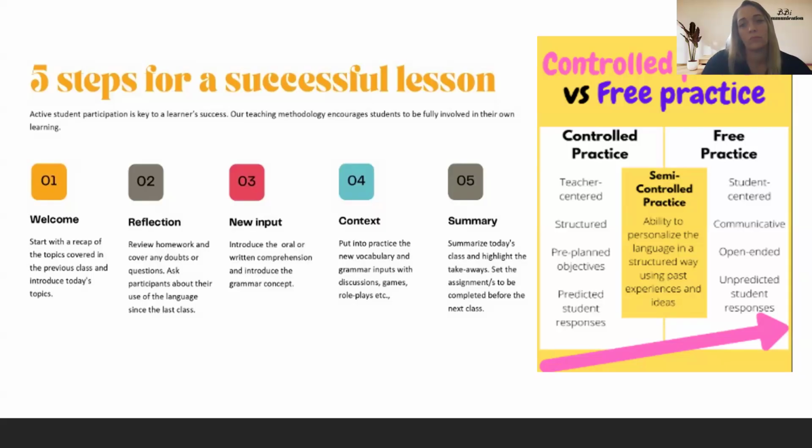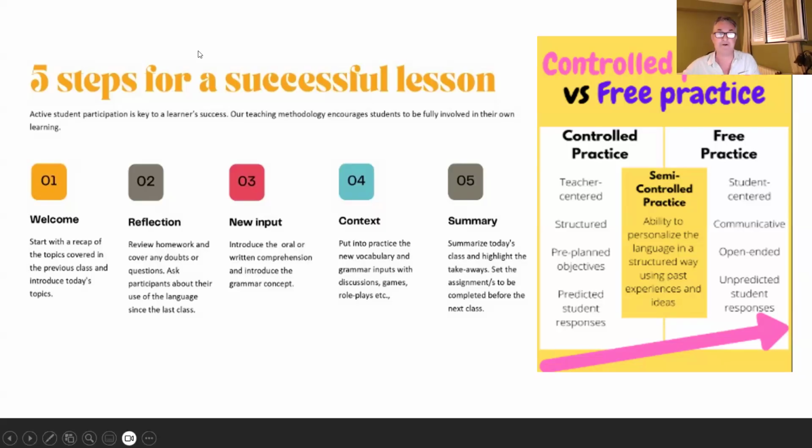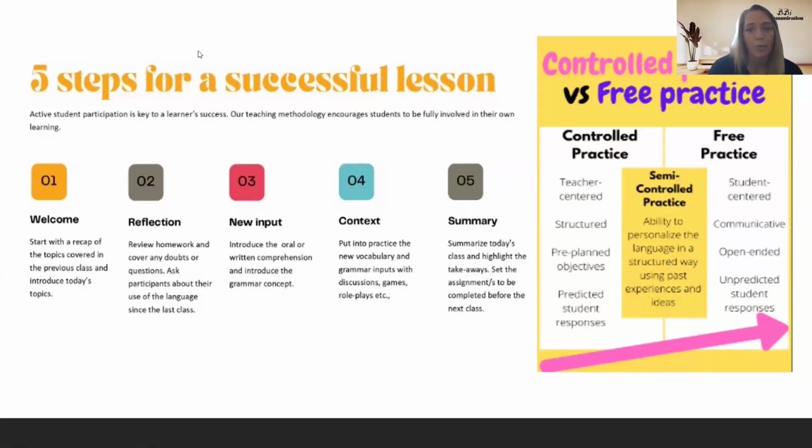First, you start with controlled, then semi-controlled, and then free. Absolutely. They're both very, very important. People think that the table is just explaining the difference, but you're absolutely right. It's a 3-part process.